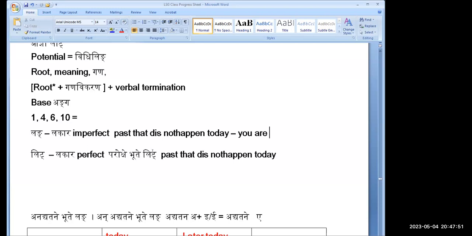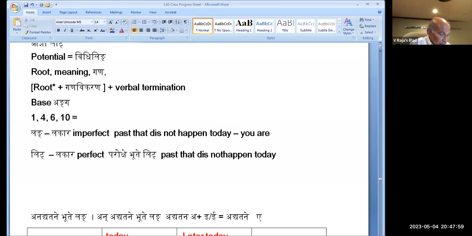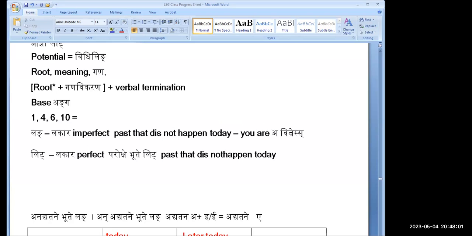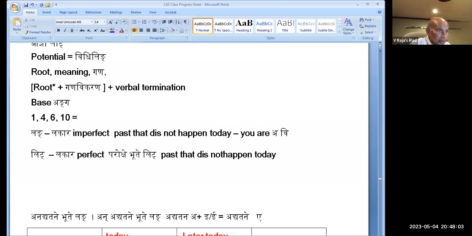But for lung, you're saying even lung did not take place today, but we saw that action. Lung, you are a witness. You are a witness, but it happened in the past. And this one you are not a witness.